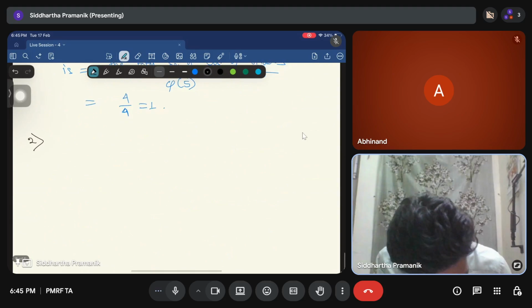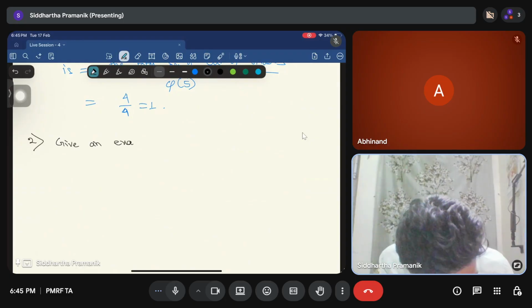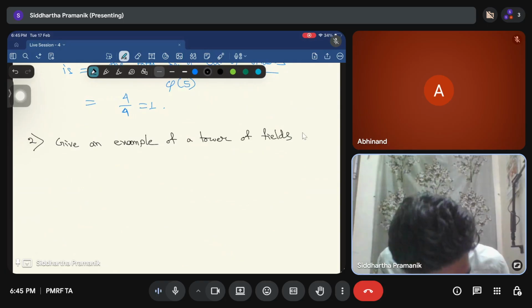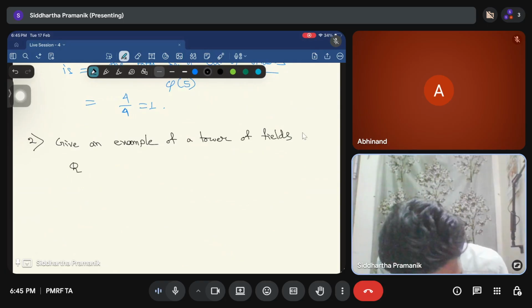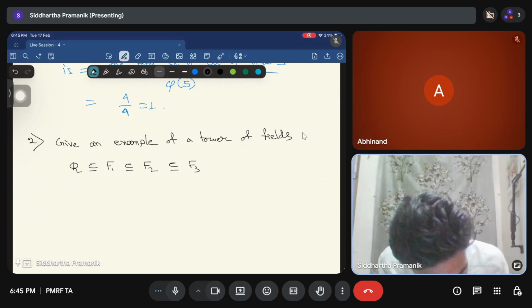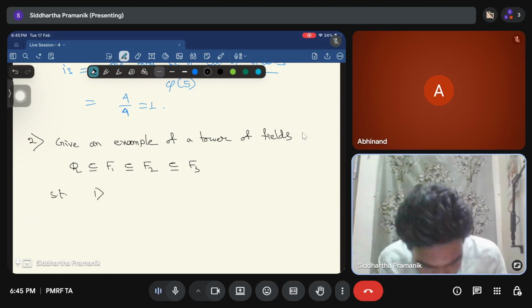Give an example of a tower of fields, like Q, the field of rational numbers, sitting inside F1, sitting inside F2, which is sitting inside F3, such that these three conditions hold.